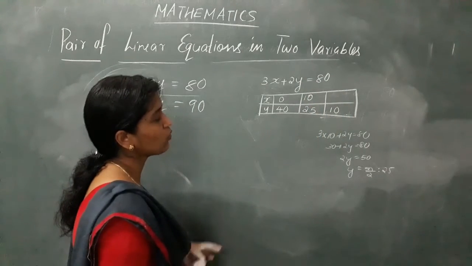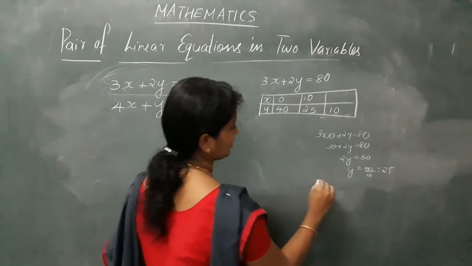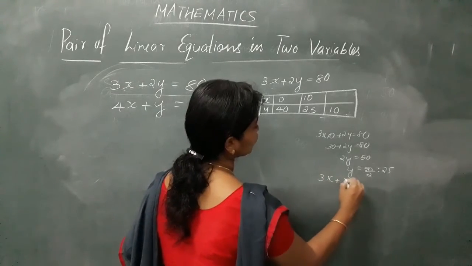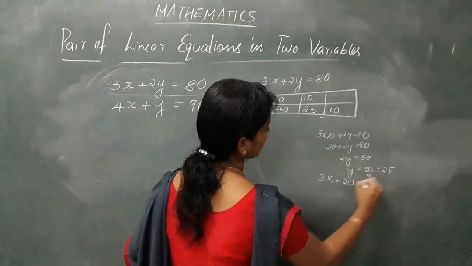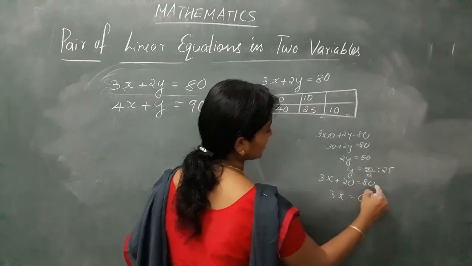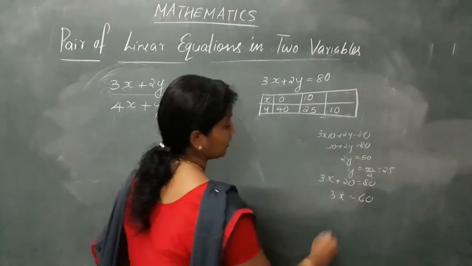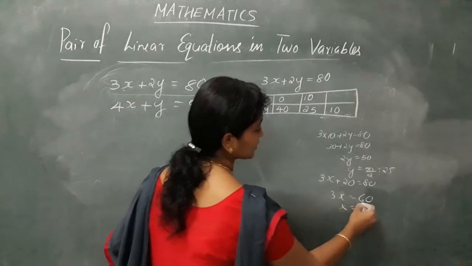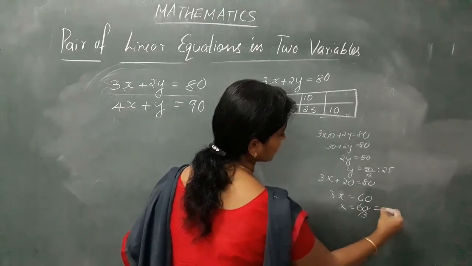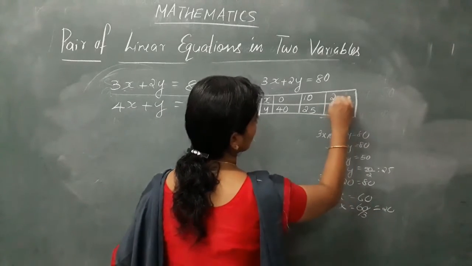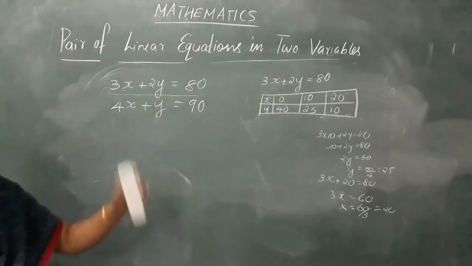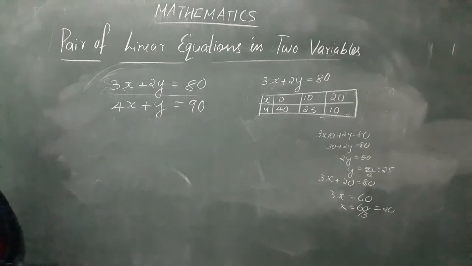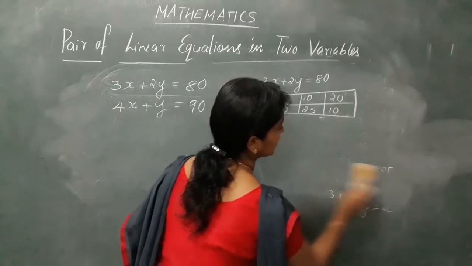When I take y as 10, what do I get? 3x plus 20 is equal to 80. 3x is equal to 80 minus 20, that is 60. So x is equal to 60 by 3, that is 20. So I get the x value as 20. So 3 solutions are there. Now I can find the solutions for the next linear equation.